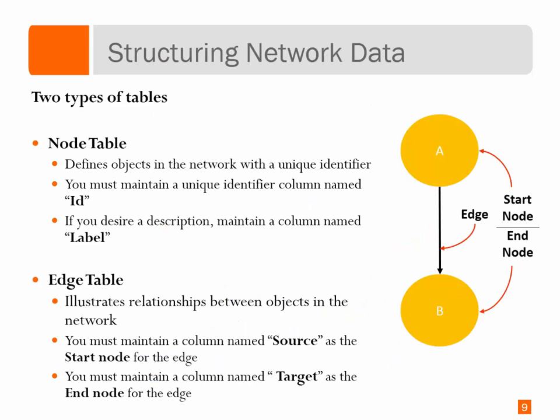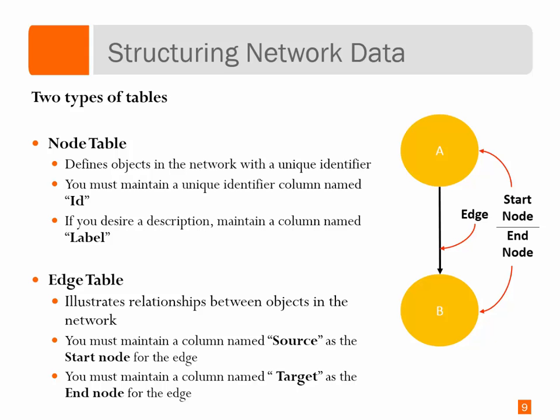Now, as we begin to structure our network data, we're going to have two types of tables in Gephi. The first one is called a node table. Alternatively, we could call it an object table. Our node table defines all of the objects that we want in this network diagram.